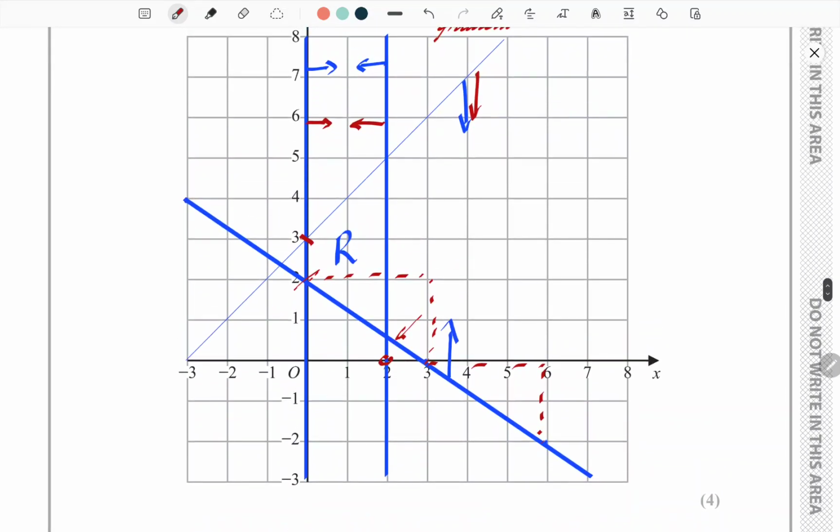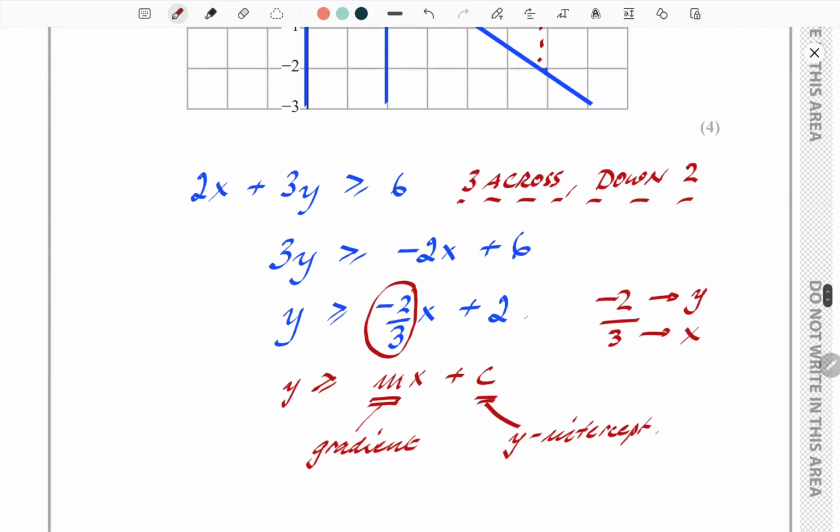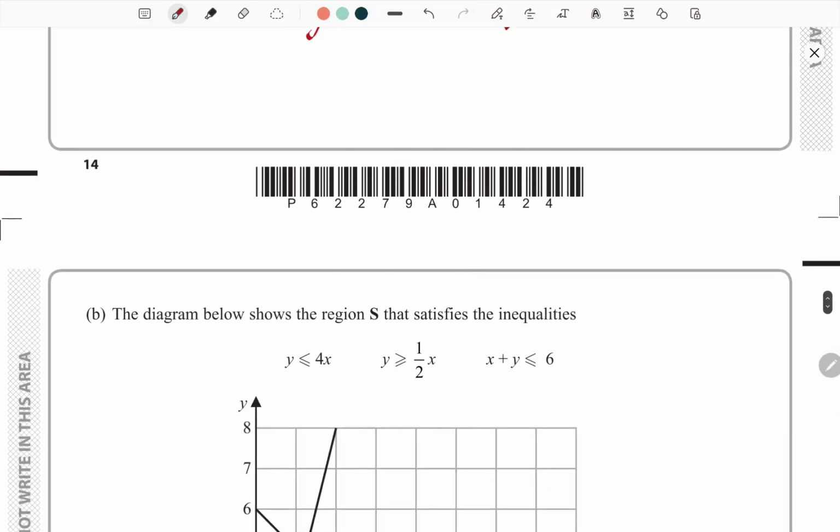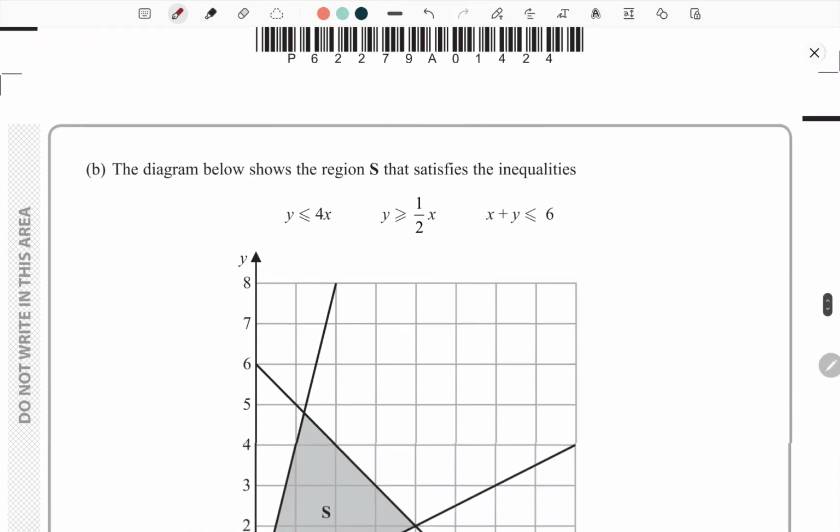So the region, we want to be above that line there, between the two vertical lines and below the earlier thin line. So effectively the region that you want is there, and that's what you would shade in the actual exam. Hopefully that's made sense. Any confusion or questions, please do leave them in the comments.